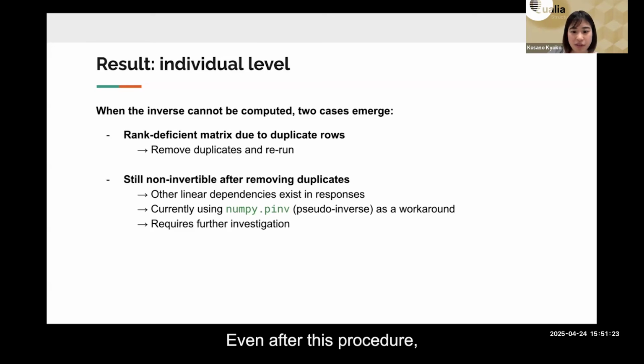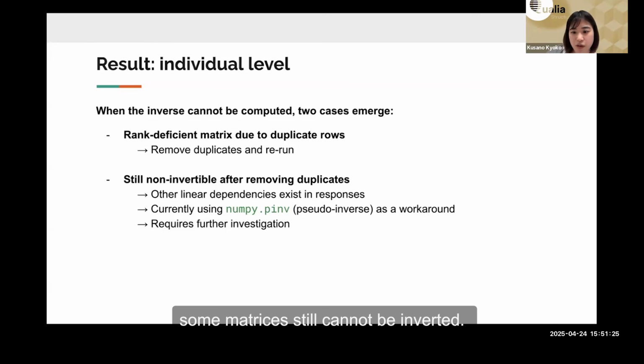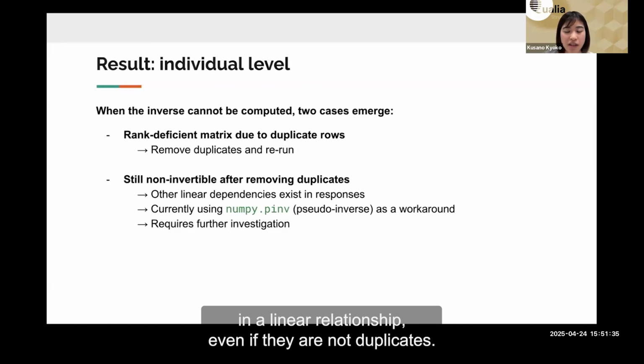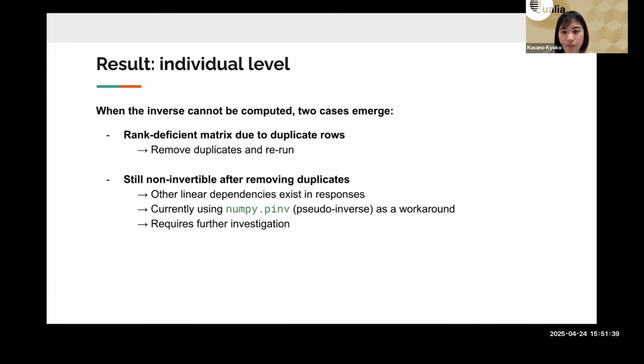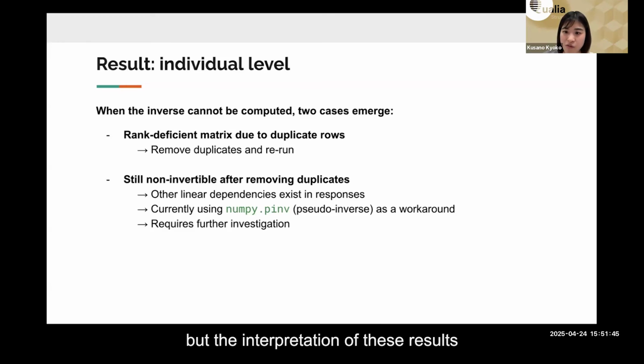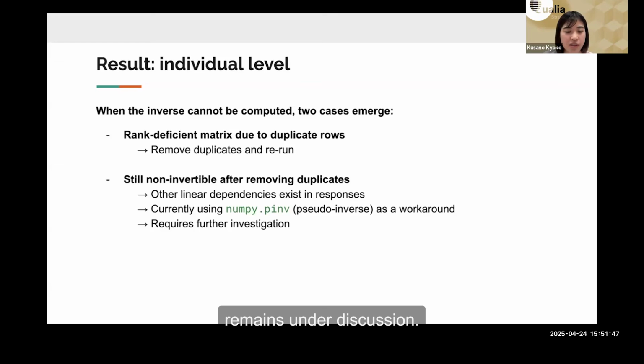But even after this procedure, some matrices still cannot be inverted. This is presumably due to the existence of linear relationships, even if they are not duplicates. Currently, we use a pseudo-inverse in such cases, but the interpretation of these results remains under discussion.